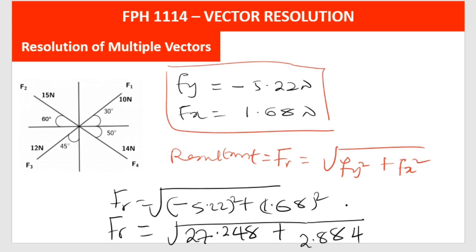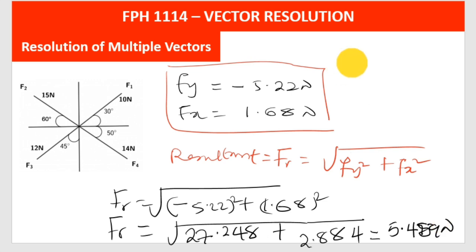If we add all this together, we have the square root of 27.248 plus 2.884, and the answer is 5.48489 Newton.